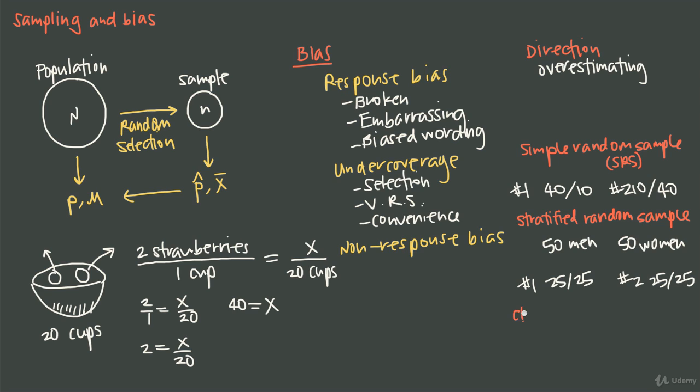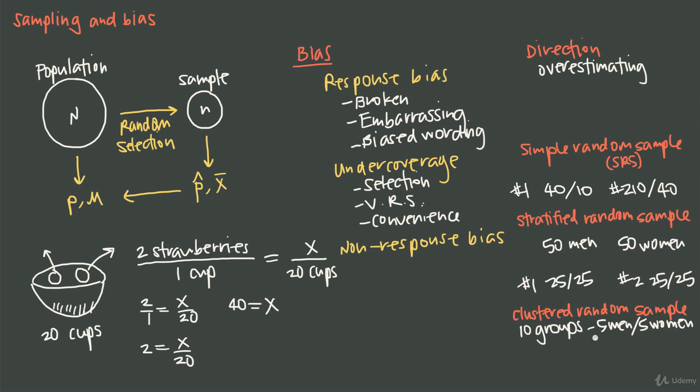And then sometimes we'll do what's called a clustered random sample. And that's where we have a mix of samples. We create little clusters of samples, and then we pick small groups to be in our sample. So an example here would be, instead of splitting 50 men and 50 women up into men and women and then assigning 25 men and 25 women into each of two groups, we might create 10 groups first, each with 5 men and 5 women.